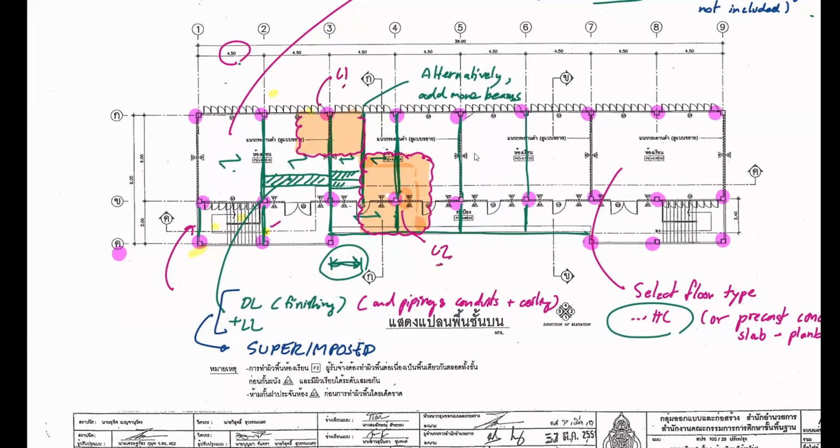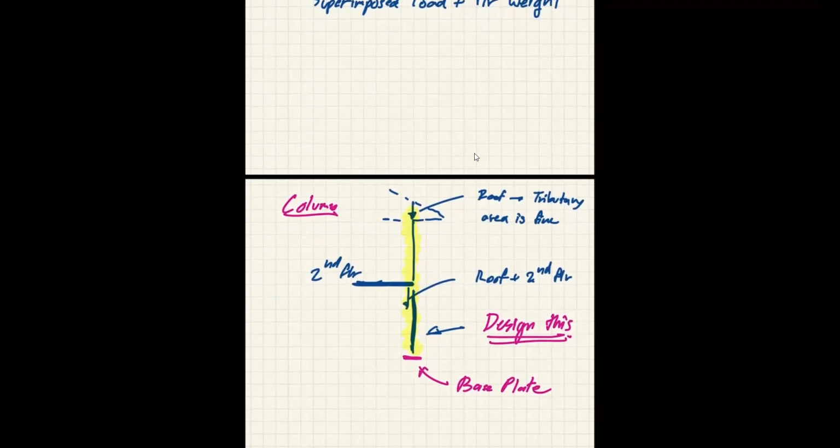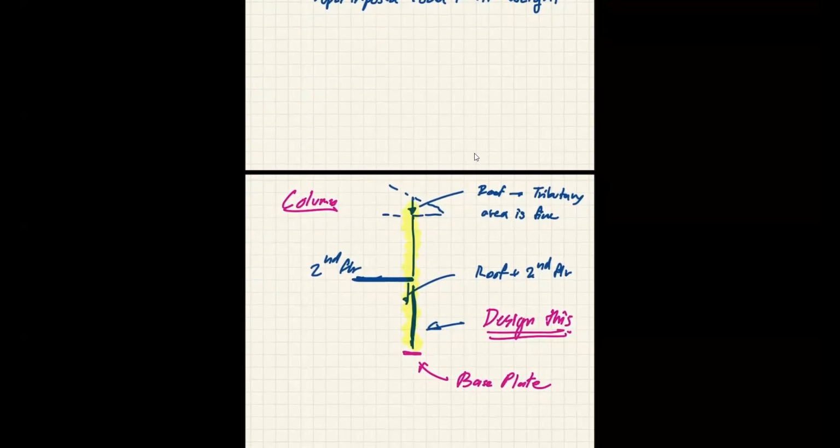Okay, and what you can do and submit for overview next time is the column load. Okay, this one, like this column load diagram, just to show the load from the roof and then from the second floor for column C1 and then C2.